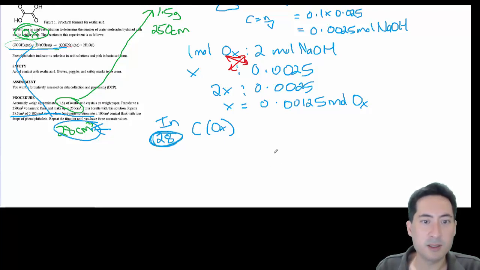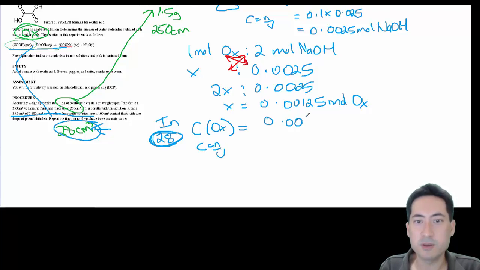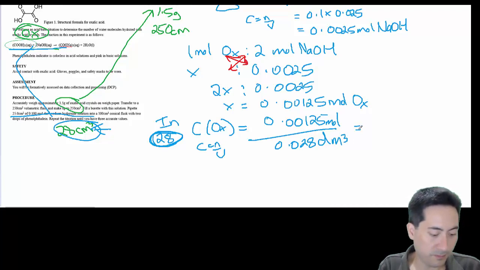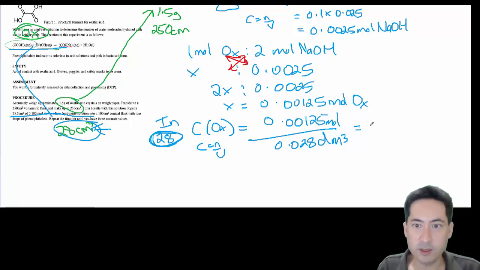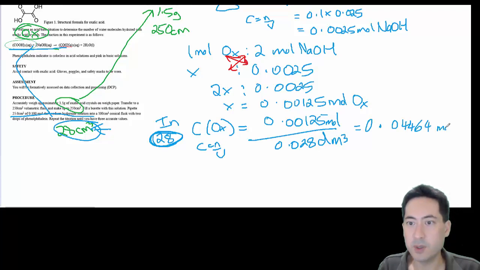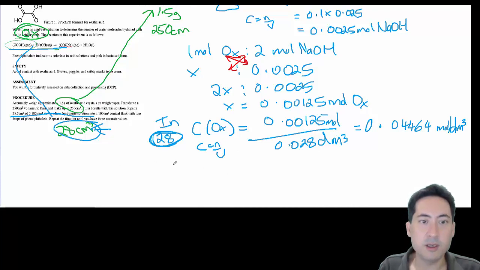Okay, and so the concentration is number of moles on volume, and so it's 0.00125 moles divided by 0.028 decimeters cubed, and that gets you 0.04464 moles per decimeter cubed. So that's the concentration of that.